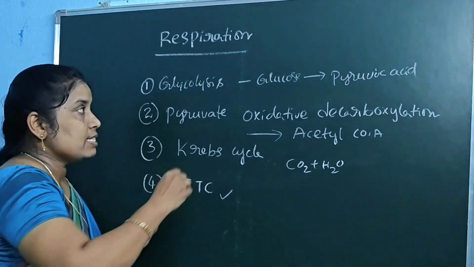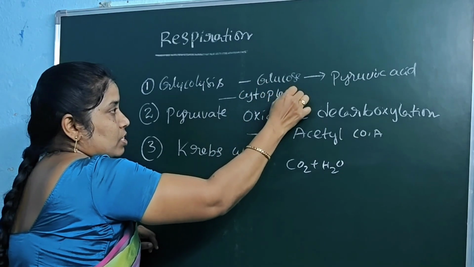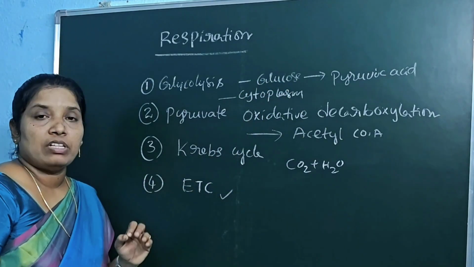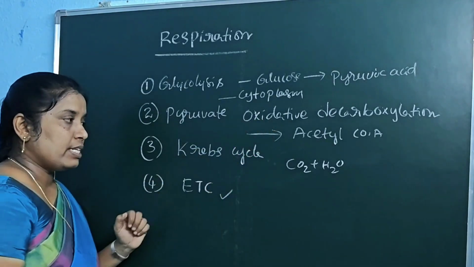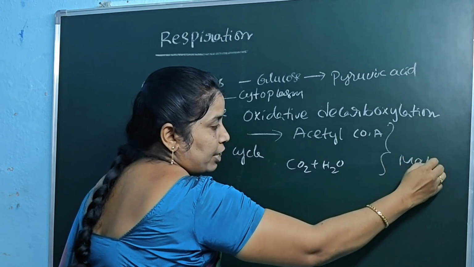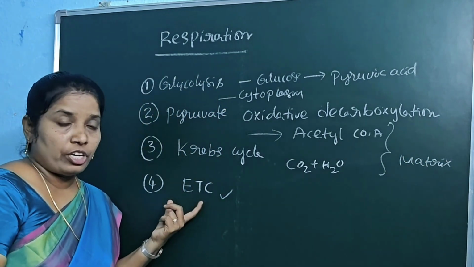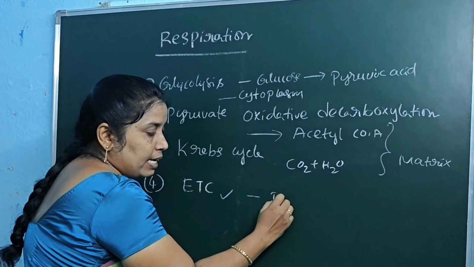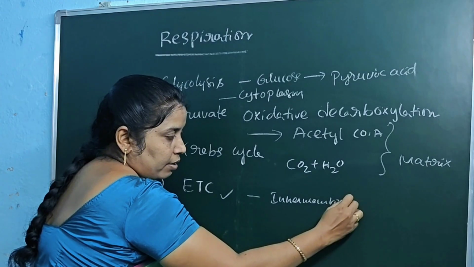Glycolysis occurs in the cytoplasm or cytosol of the cell, whereas pyruvate oxidative decarboxylation and the Krebs cycle occur in the matrix of mitochondria, and the electron transport chain occurs on the inner membrane of mitochondria.